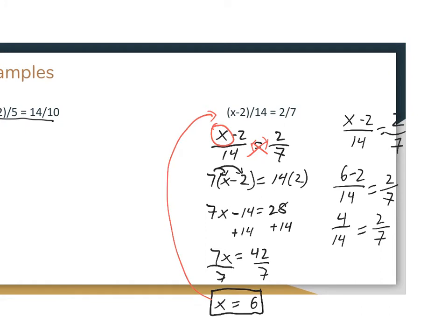And now we can do our cross product again, or we could divide this side by 2. And we see that 2 over 7 equals 2 over 7. So this is how you would solve for x when we are comparing proportions.